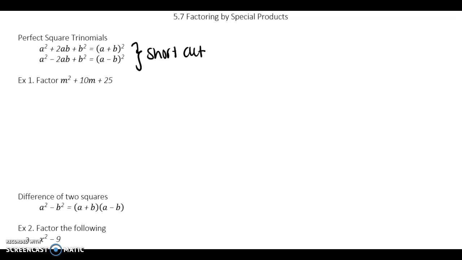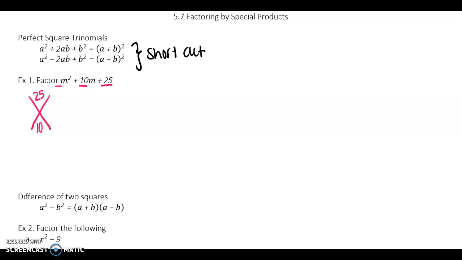So let's go ahead and factor the first one, and we're just going to use the old method first. Remember, this is a, b, and c, and it's in order because it's m squared, m, and then the constant. So 1 times 25 goes up here, and then 10 goes at the bottom.